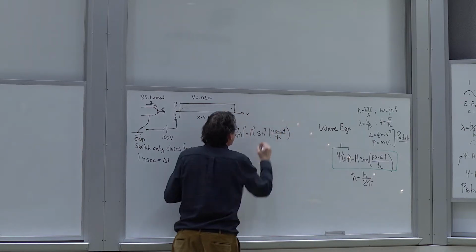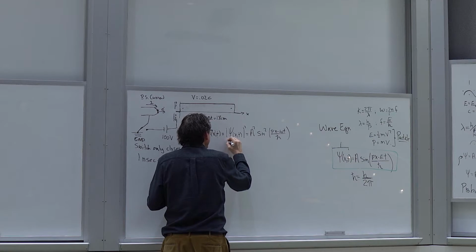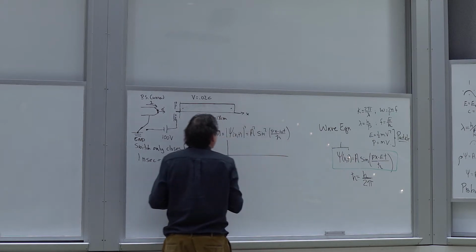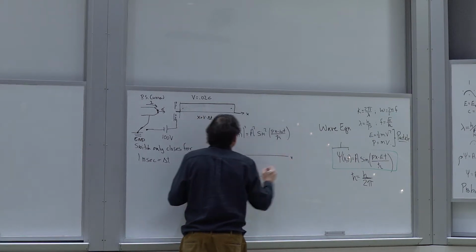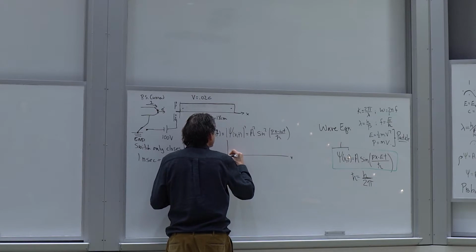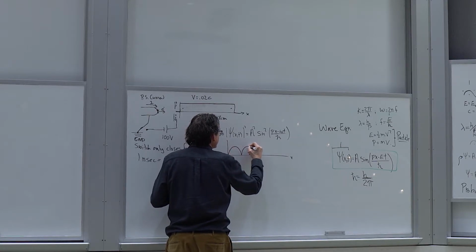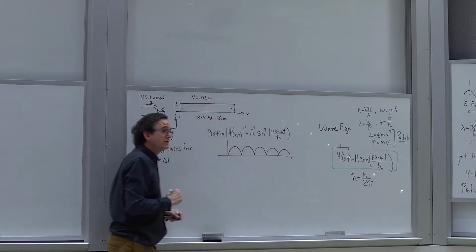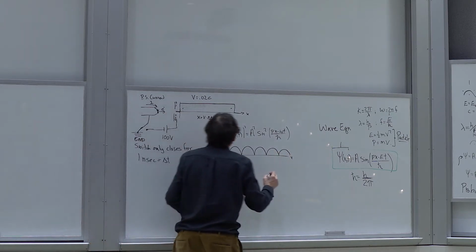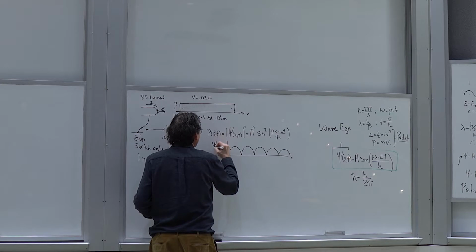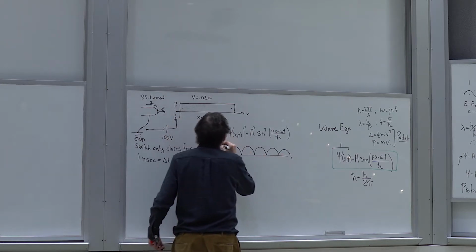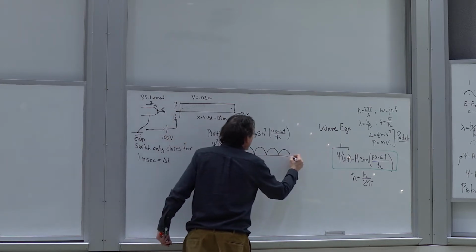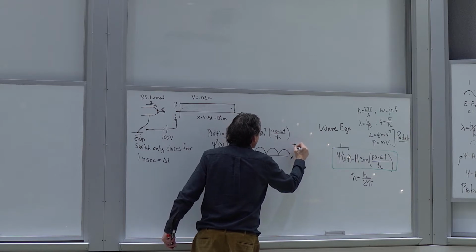Okay. Now, if I plot this out at a given time versus position, what does a sine squared function look like? It looks like this. Okay? That's what a sine squared function looks like. This is sine squared as a function of x, and I'll do t equals 0.